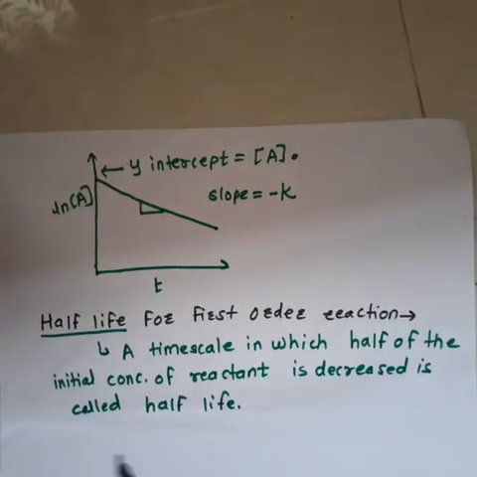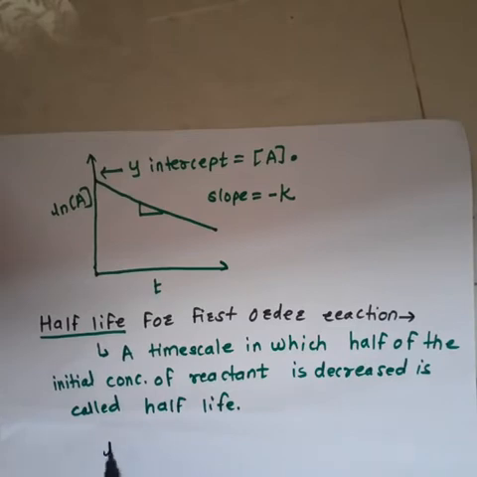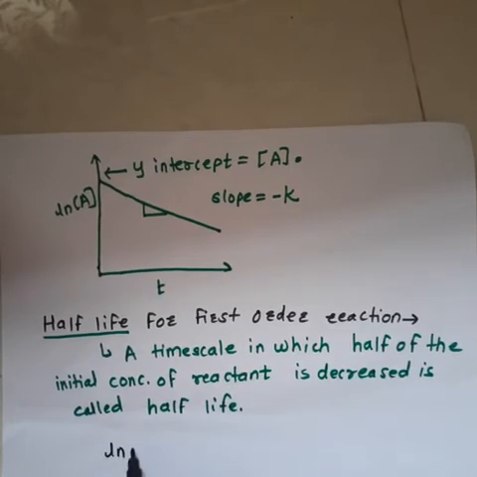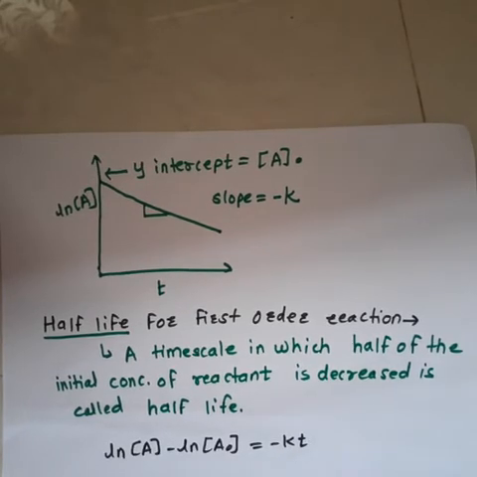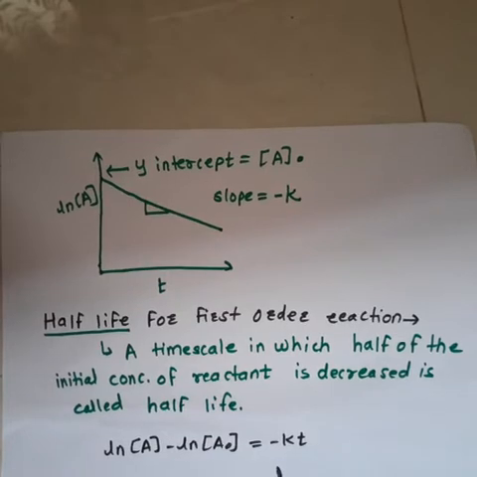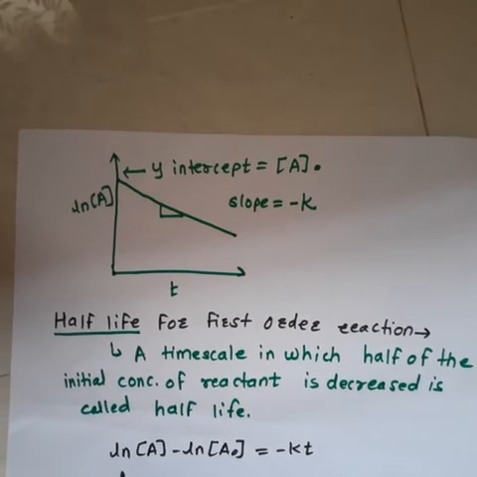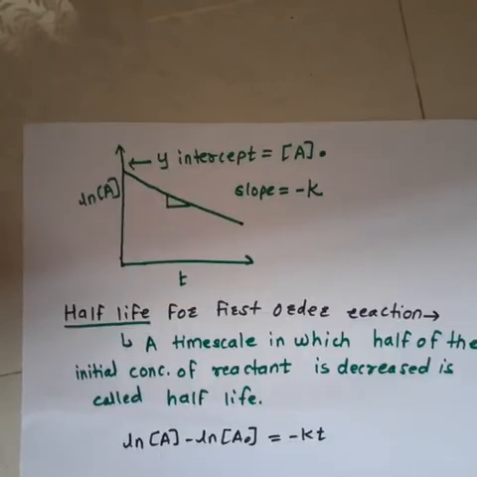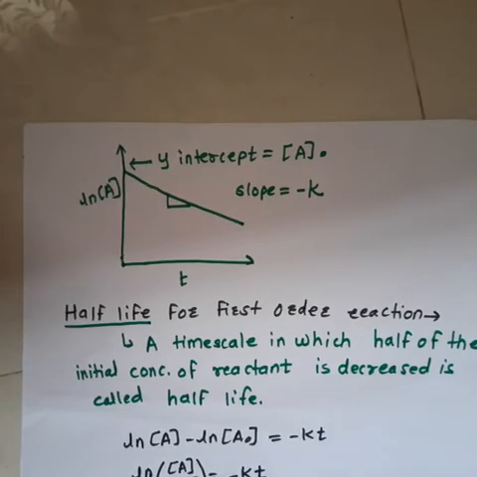So what is the expression of first order reaction? ln of a minus ln of a0 is equal to minus kt. Also we can write the expression as ln of a upon a0 is equal to minus kt.